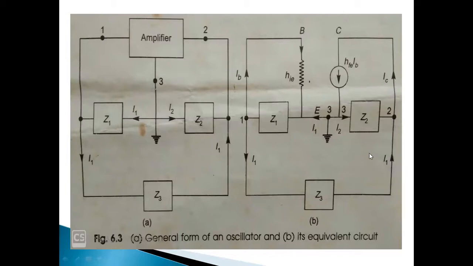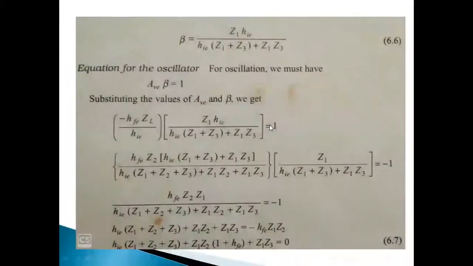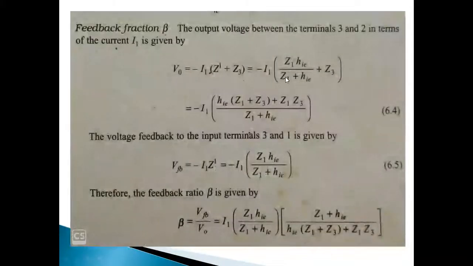So totally the voltage at this point becomes minus I1 into Z dash plus Z3. So that is minus I1 into, what is Z dash? Z dash is Z1 HIE by Z1 plus HIE.